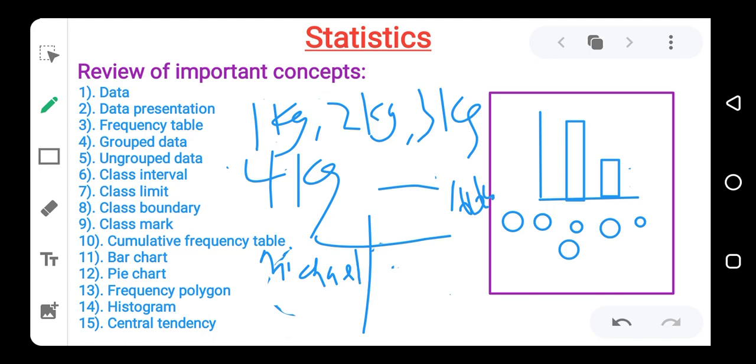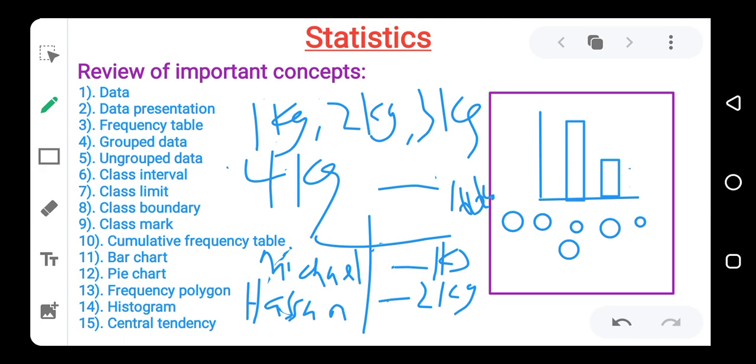Maybe Michael weighs 1 kg. Then maybe Hassan weighs 2 kg.